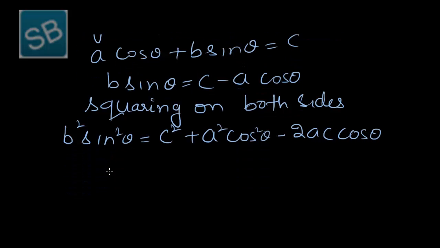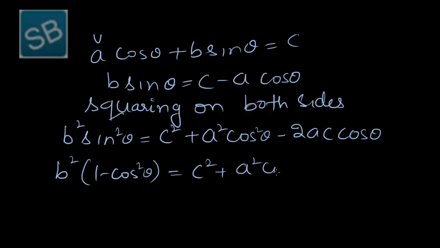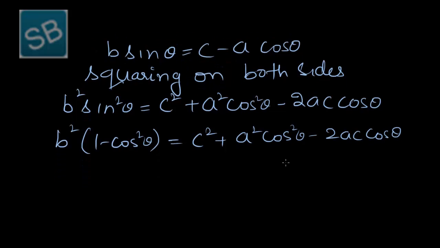Replacing sin square by 1 minus cos square theta, b square into 1 minus cos square theta is equal to c square plus a square cos square theta minus 2ac cos theta.